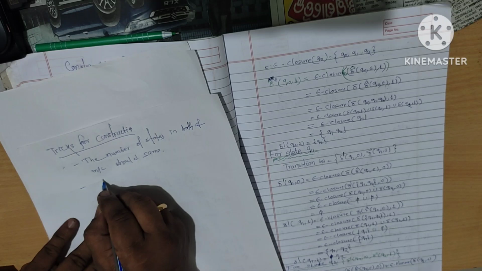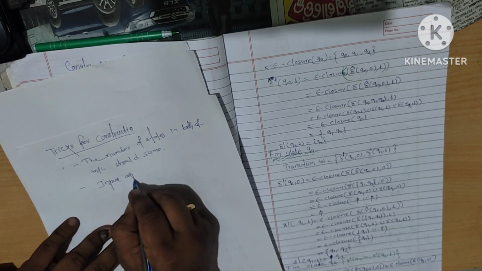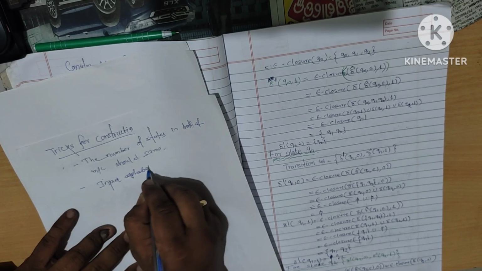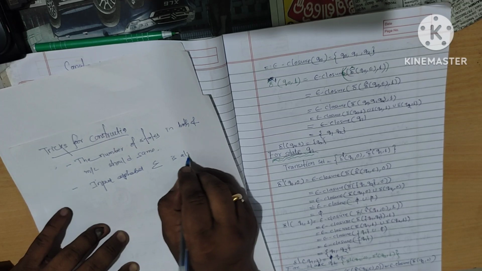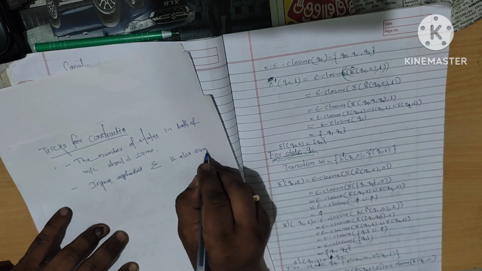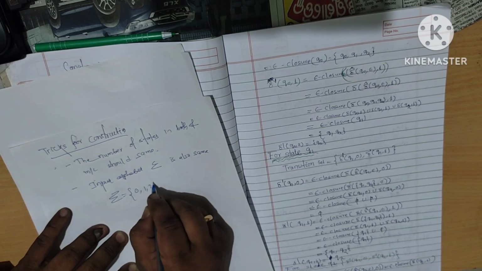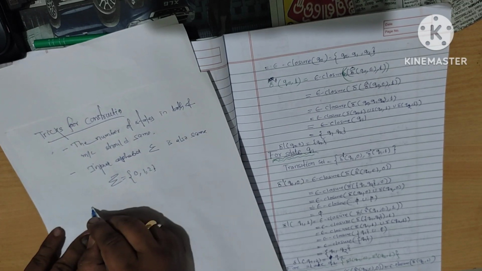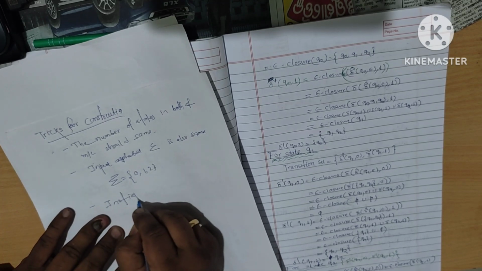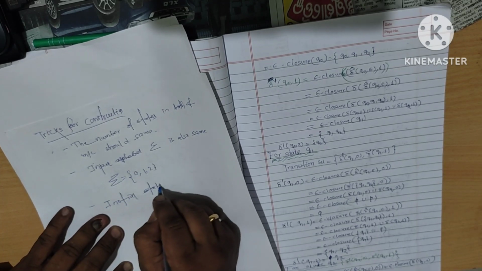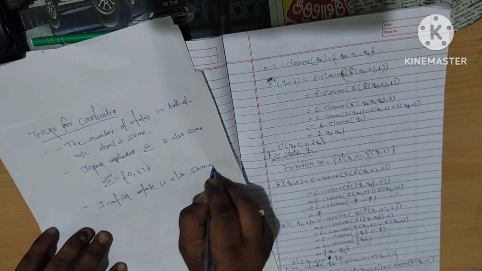Second, the input alphabet, that is sigma, is also the same. That is what is covered here. This is 2. Third is that the initial state is also the same.